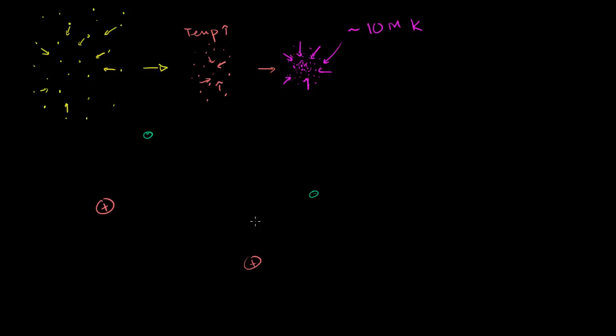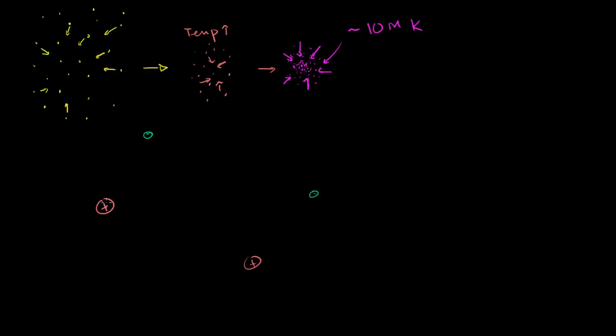So we know from the Coulomb forces, from electromagnetic forces, that these two positively charged nucleuses will not want to get anywhere near each other. But we do know from what we learned about the four forces that if somehow they're under huge temperatures and huge pressures, and you were able to get these two protons close enough to each other, then all of a sudden the strong force will overtake.